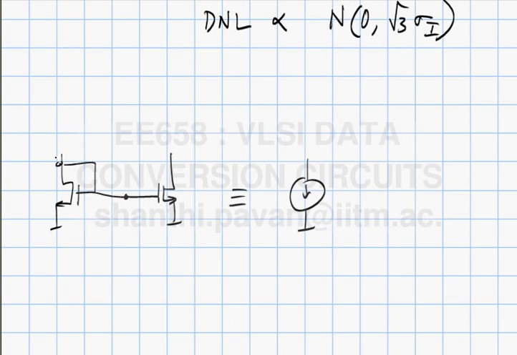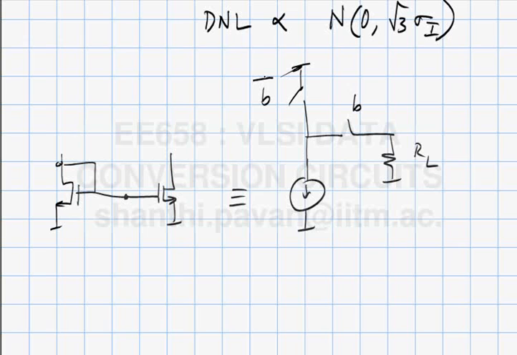What you need to do, if you have a current source, is connect it to the output, or dump it into some other place, say B and this is B bar. So you want to be able to steer this current either into RL or dump it somewhere. That's the basic idea, right?